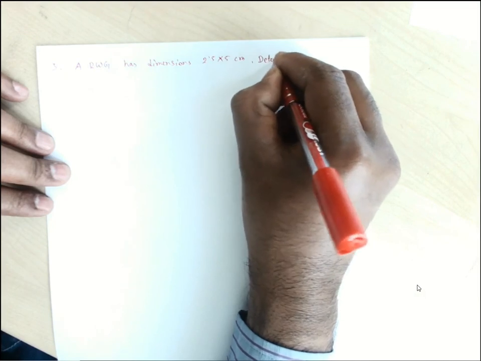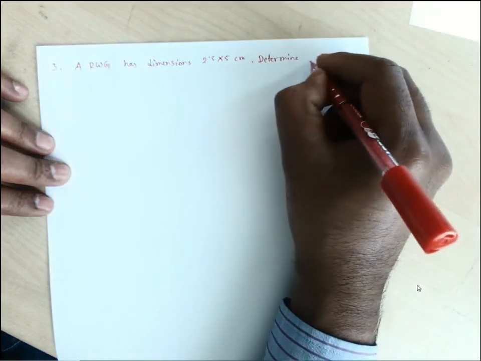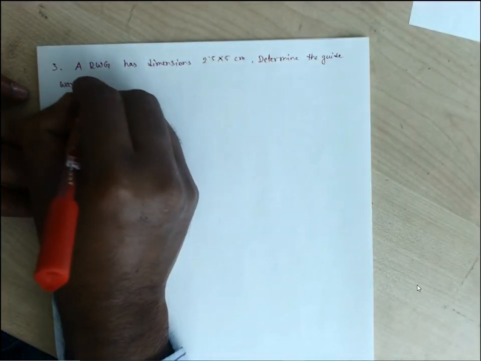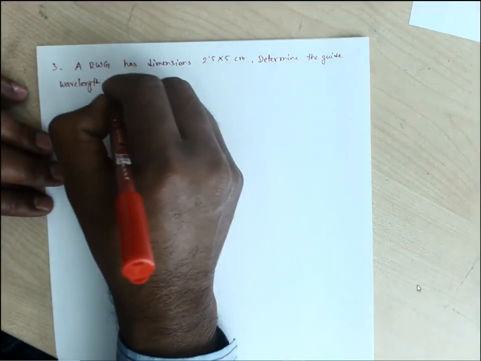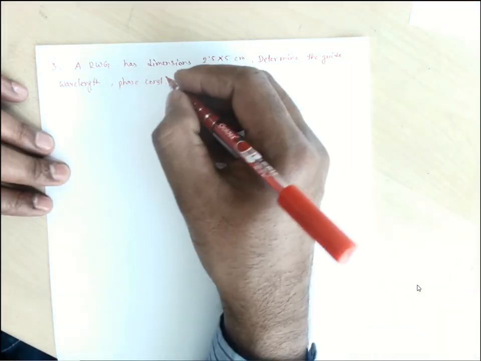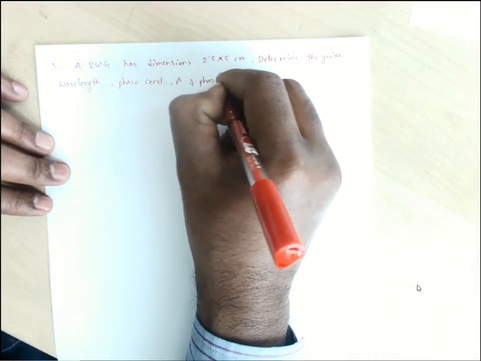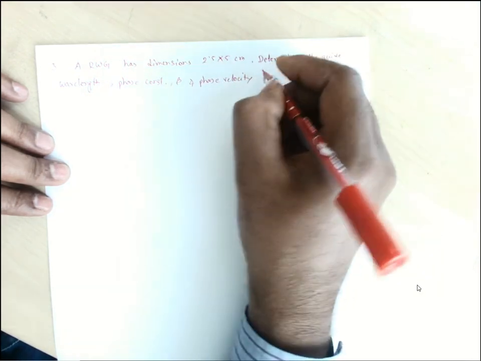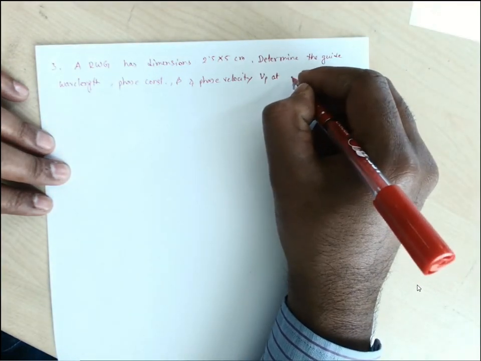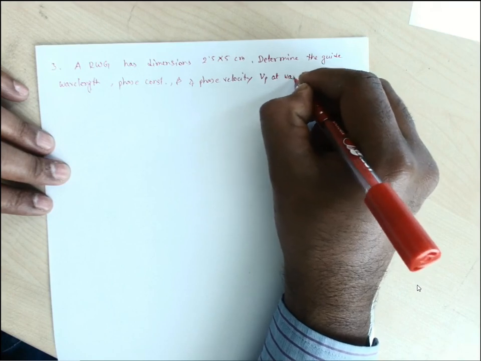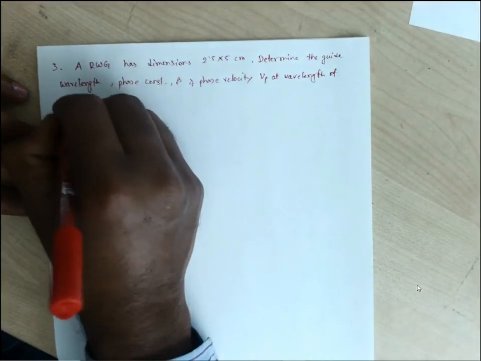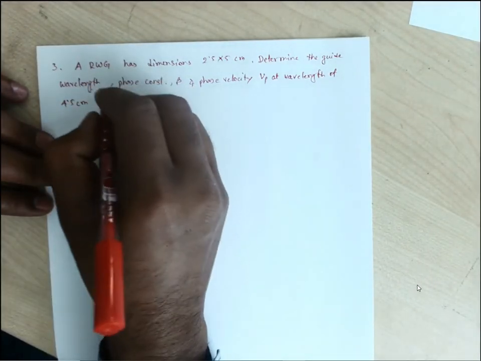Determine the guide wavelength, phase constant beta, and phase velocity Vp at wavelength of 4.5 centimeter for the dominant mode.